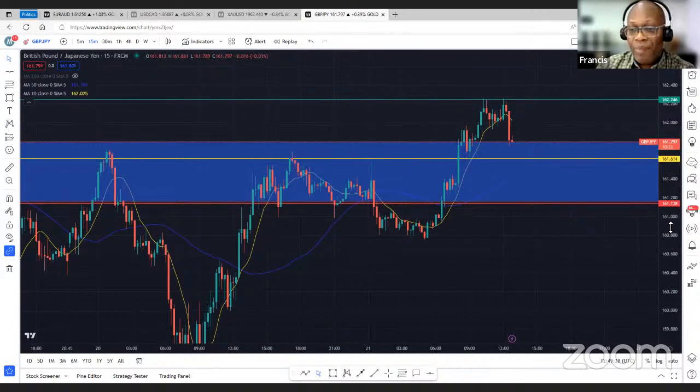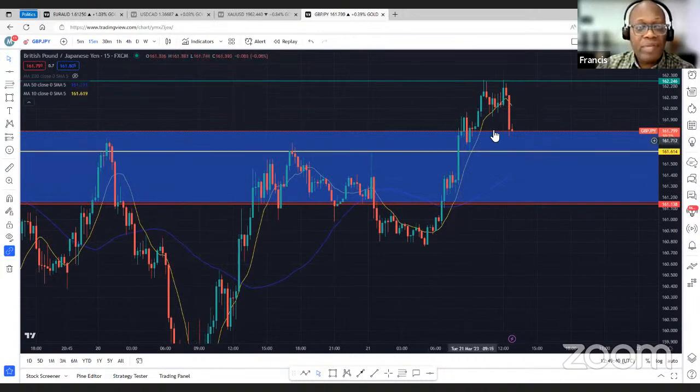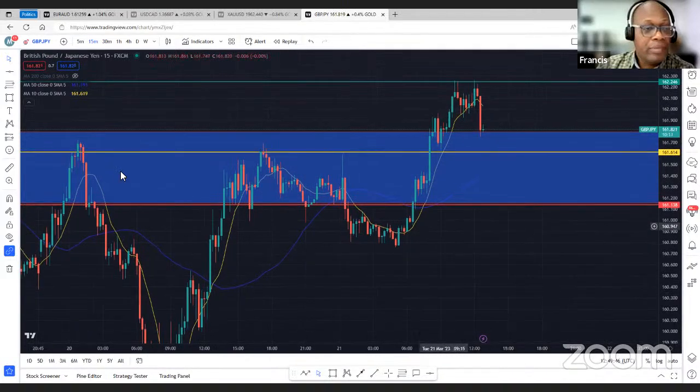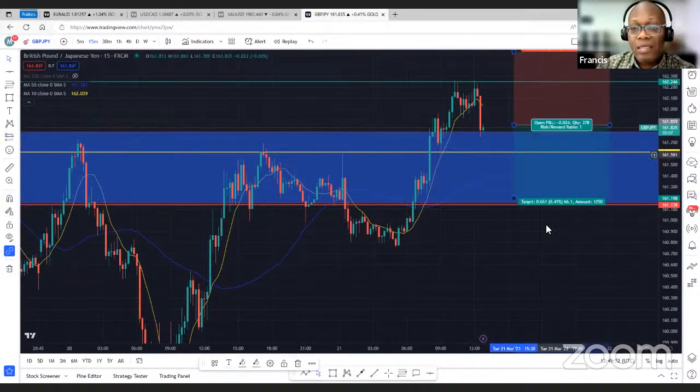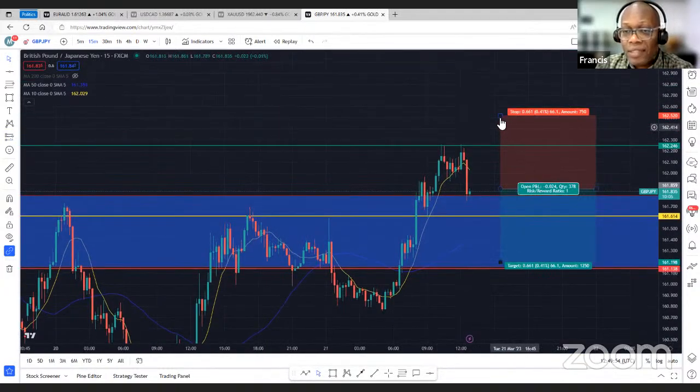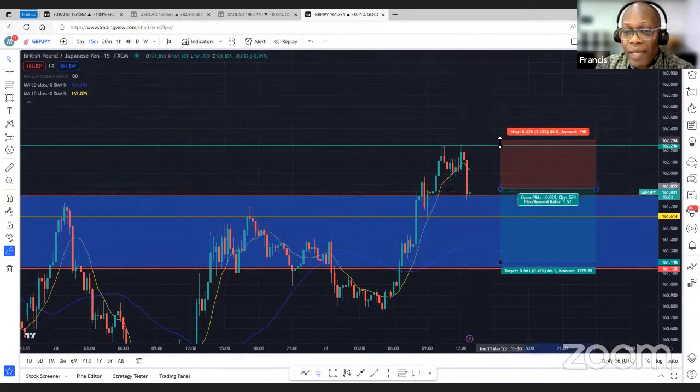I'll just check other pairs first. Let's see how this plays out. This is the 15-minute time frame. We could actually take, let me just place the position box there. I'm not entering just yet, but just to say that I have my eye on this one.